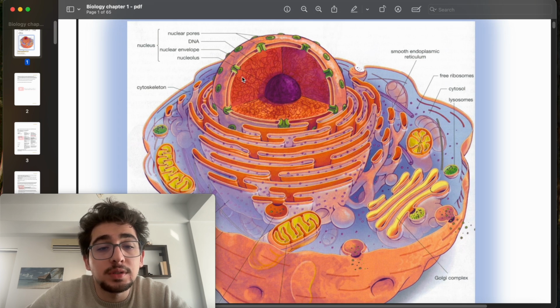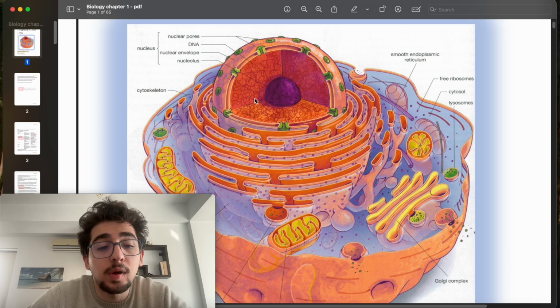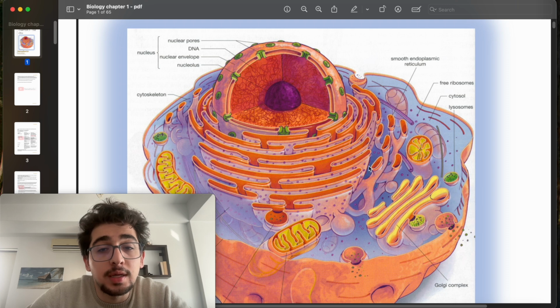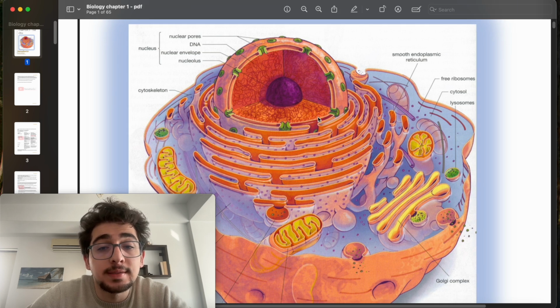I want to discuss the chromatin network and the chromatin fibers. What is the difference between the chromatin and chromosome? Now, the cell during its normal phase has the genetic material in the form of a chromatin network. The chromatin network will condense to form the chromosomes only during cell division, usually at the metaphase.